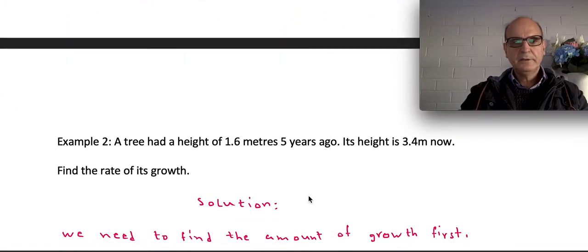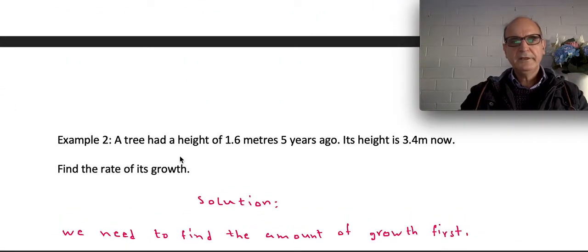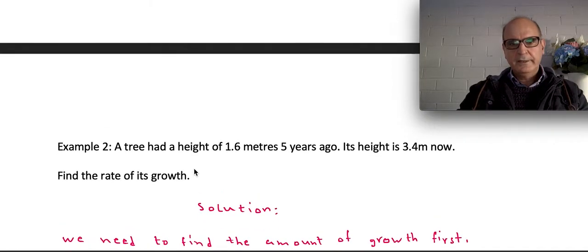Another example: a tree had a height of 1.6 meters 5 years ago. Its height is 3.4 meters now. Find the rate of its growth. Okay, again, as you can see, the two quantities they are talking about here are growth and time.